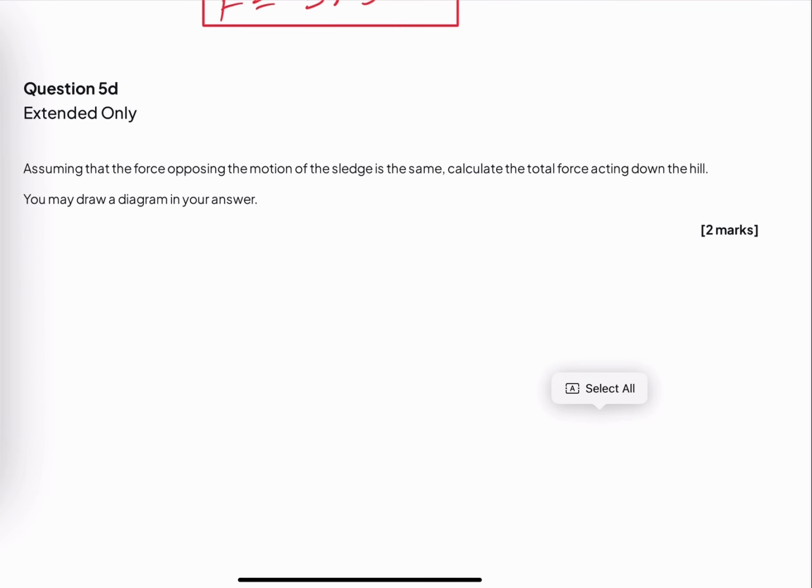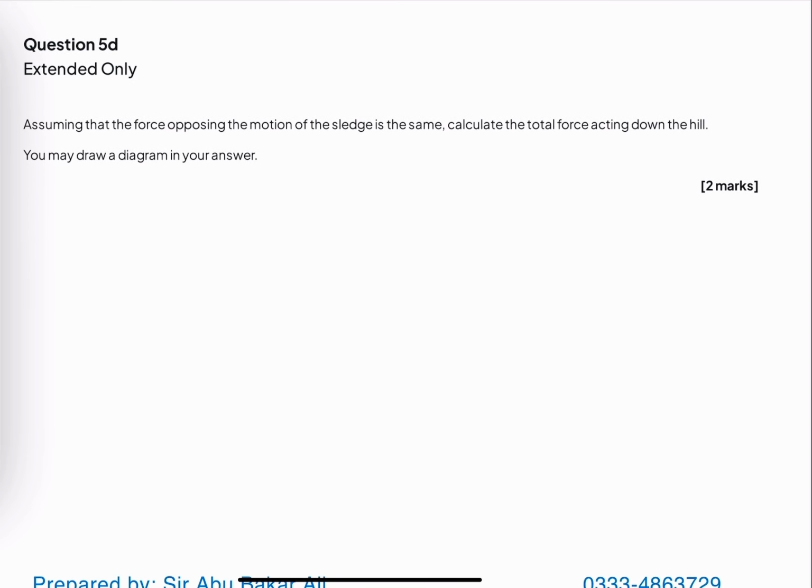Assuming that the force opposing the motion of the sledge is the same, calculate the total force acting down the hill. You may draw a diagram in your answer. Okay, so we have to assume that the force opposing the motion of the sledge is the same as that given before, and we have to calculate the total force acting down the hill. Let's make a scenario.